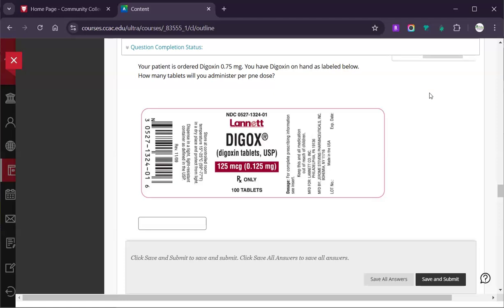But what I'm going to do is plug into my calculator 0.75 divided by 0.125, and that's going to be 6 tablets. Seems like a lot.